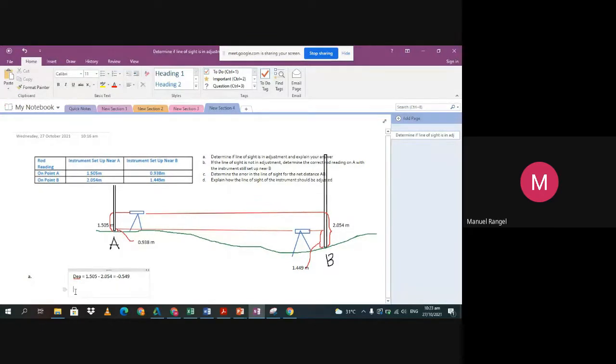Then the other difference in elevation is at point B. So that is the reading of 0.938 minus 1.449, equals negative 0.511. So that is the difference in elevation between the two readings of the equipment.